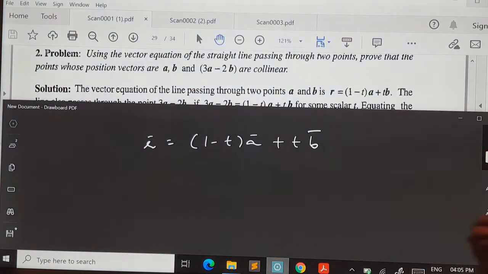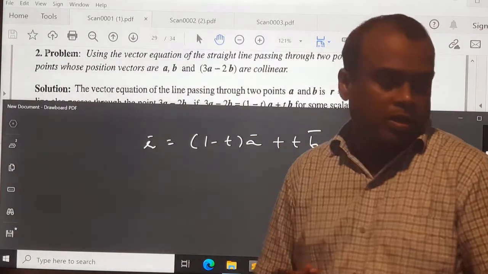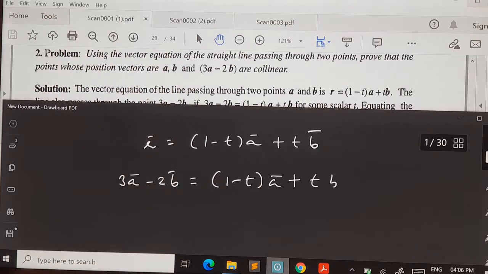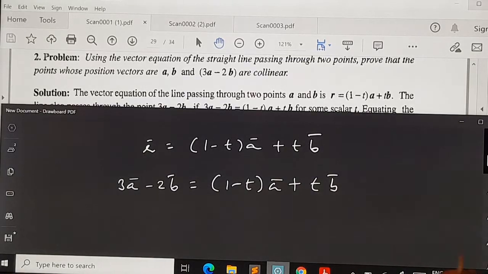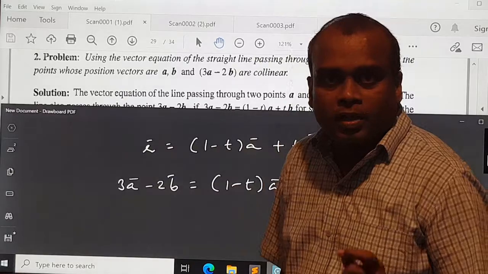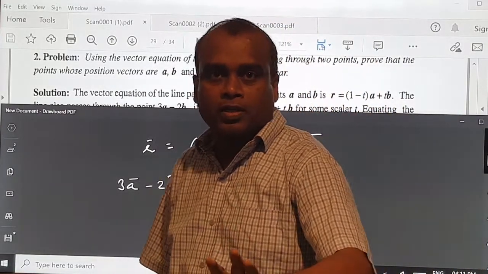Okay, then I can conclude the points are collinear. So substituting the point 3a bar minus 2b bar, I verify whether it satisfies this line equation or not. There is a small technical drawback in the solution over here that I will explain in one of our online classes.